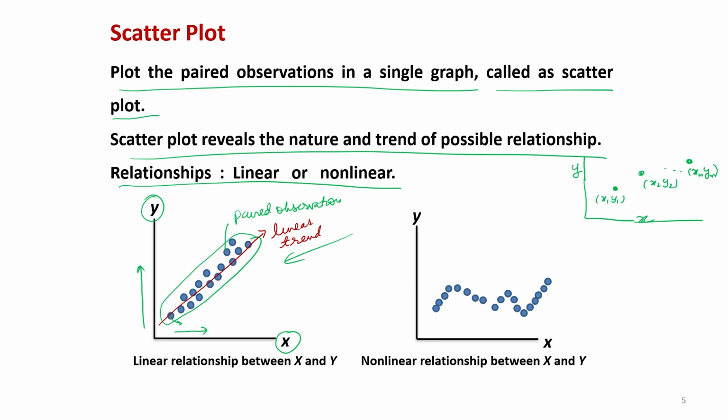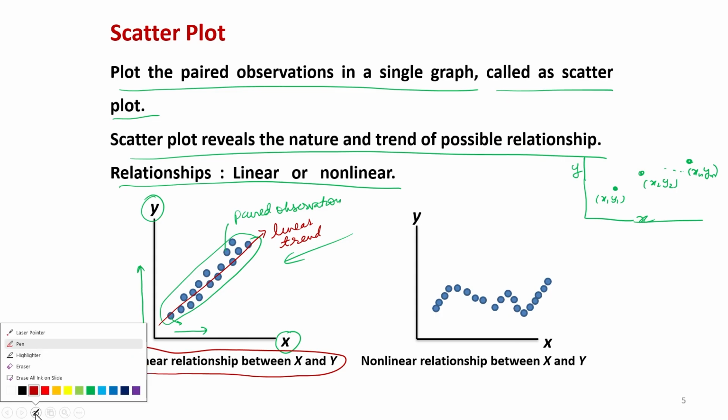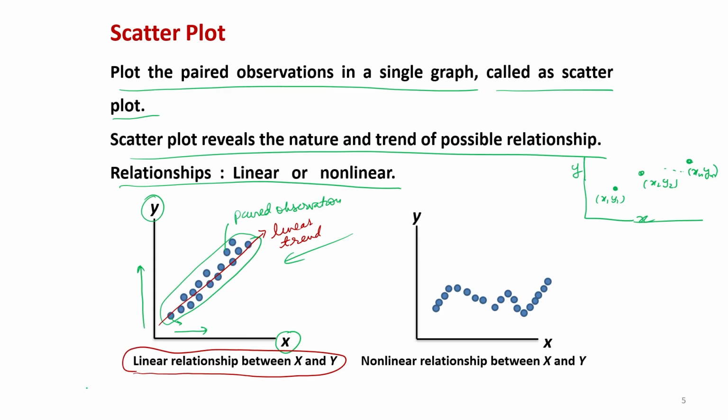Remember, the relationship is not exact, but you can see the linear trend in the relationship between the two variables x and y. In such cases, we can conclude that there exists a linear relationship between x and y, or simply that x and y are linearly related.